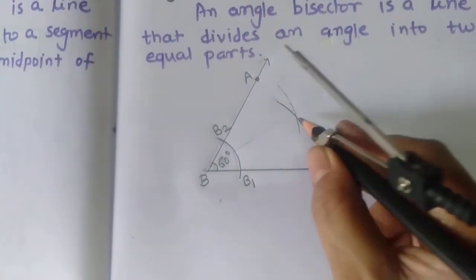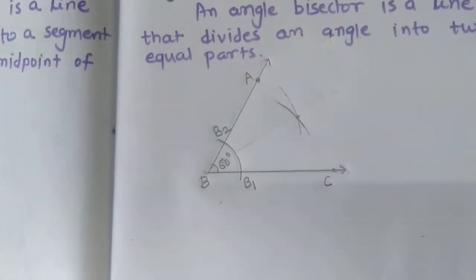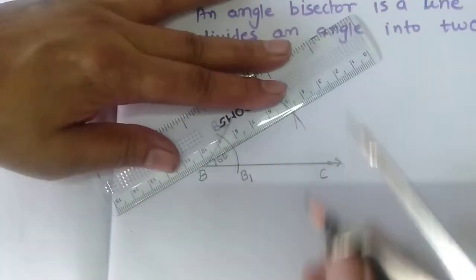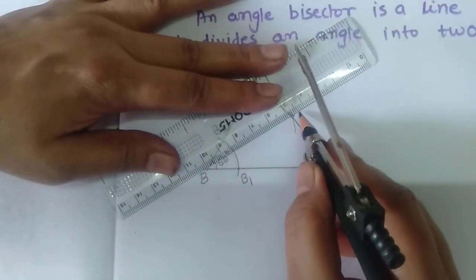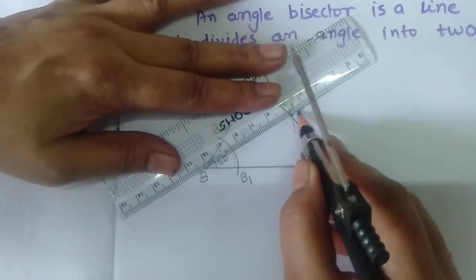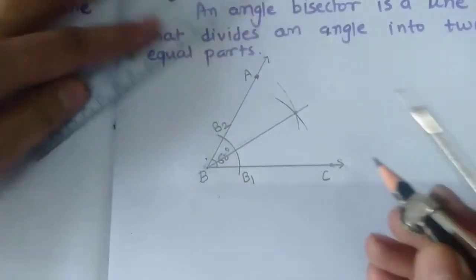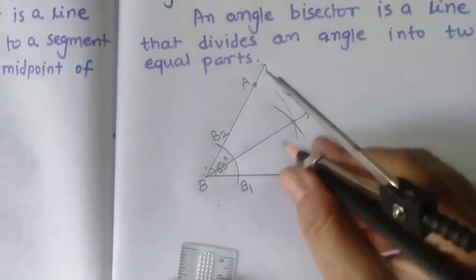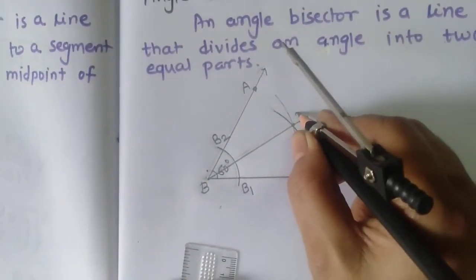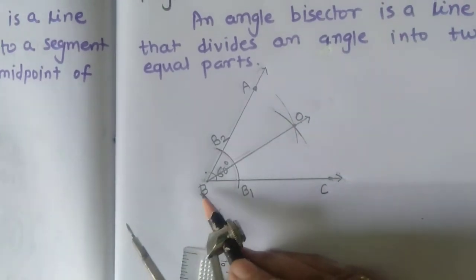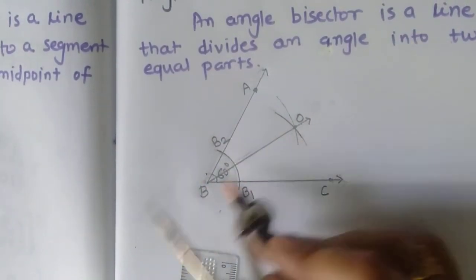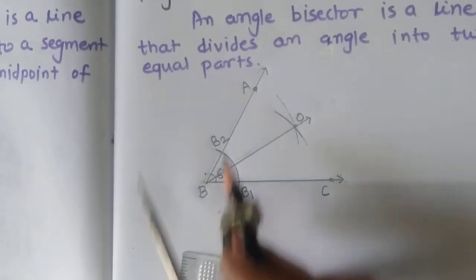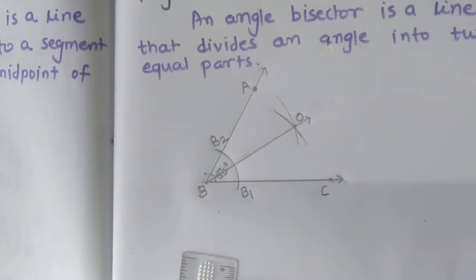Now we got the intersection point here. Join this point to the vertex of the angle, means here the point B. Give any label here, suppose O. So segment OB is the angle bisector of the given angle ABC.